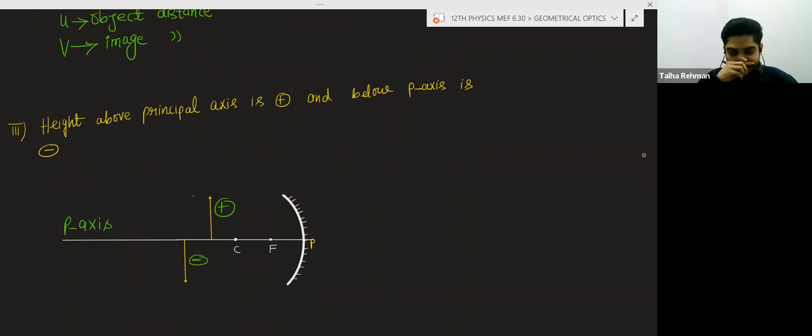So now we will discuss some rules for the image formation, that is, for making the ray diagram. When you place the object in front of a concave or convex mirror, an image will form obviously.